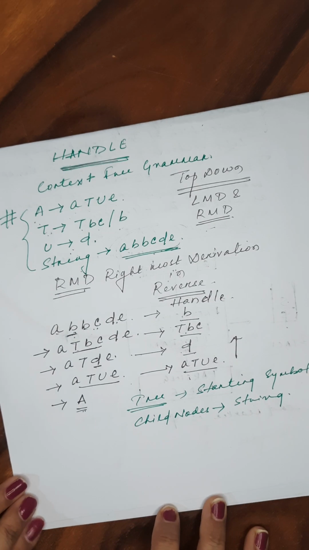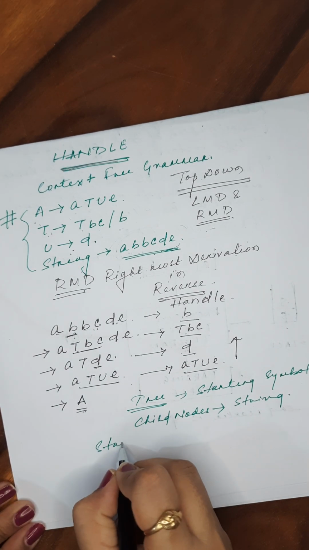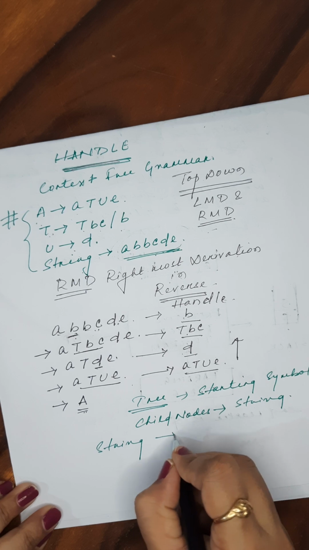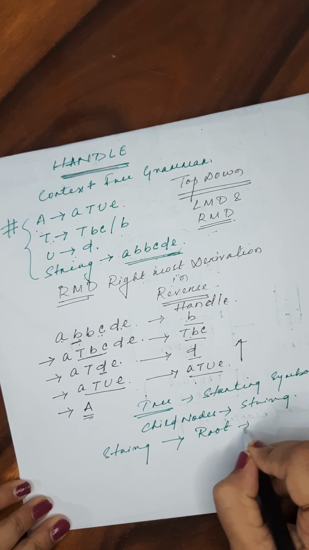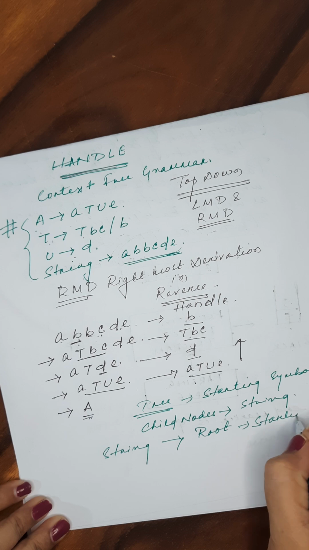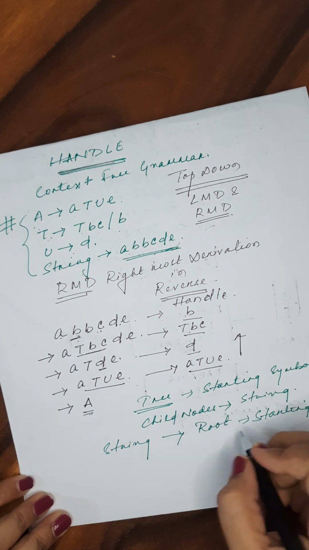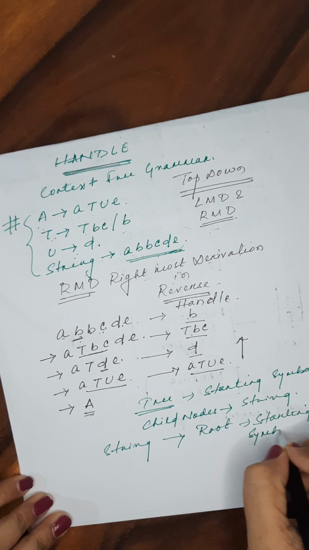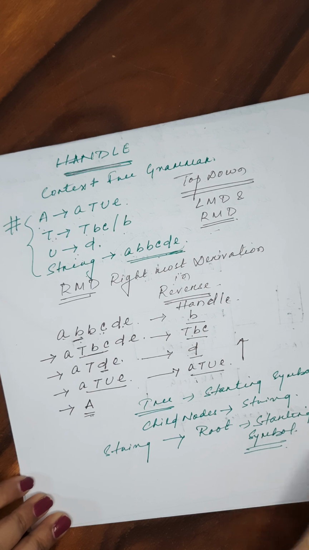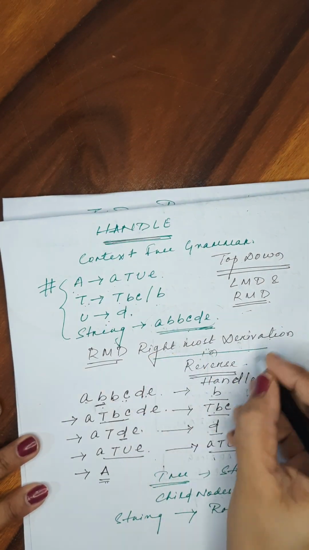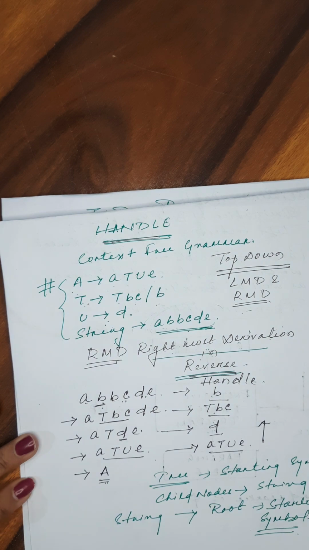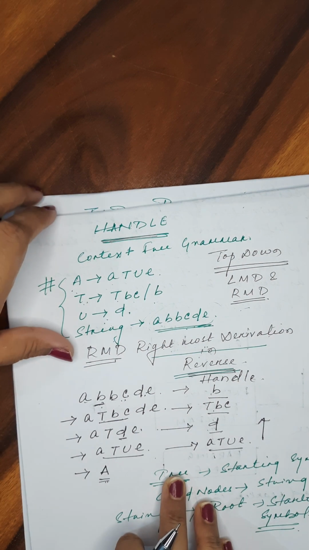But here we are starting with the string and reaching the root. The root is the starting symbol. So this is called a handle. That's why we call it rightmost derivation in reverse. So this is all about the handle.